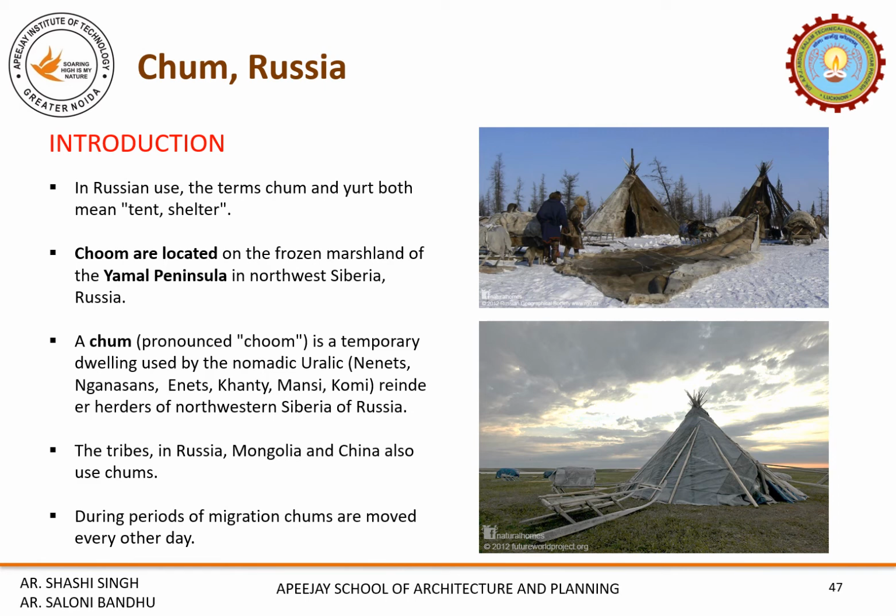These are temporary dwellings used by the nomadic ethnic groups like Nenets, Nganasans, Enets, Mansi, Komi, etc. These tribes are reindeer herders of Siberia. Some tribes from Mongolia and China also use chums. During the period of migration, chums are moved frequently.